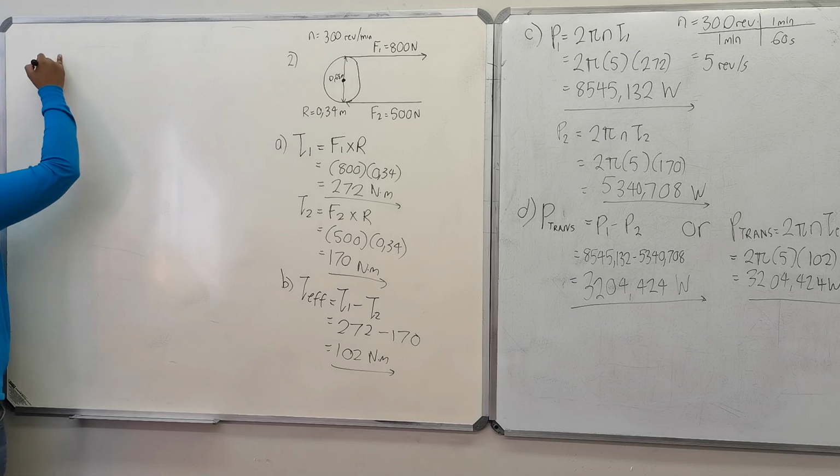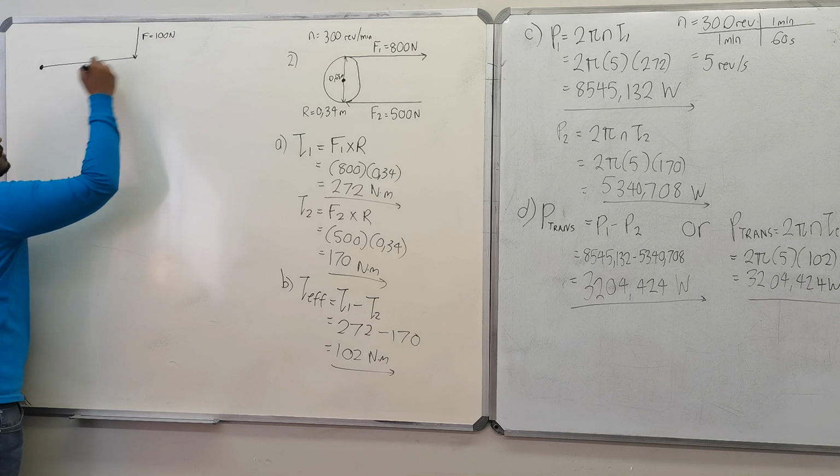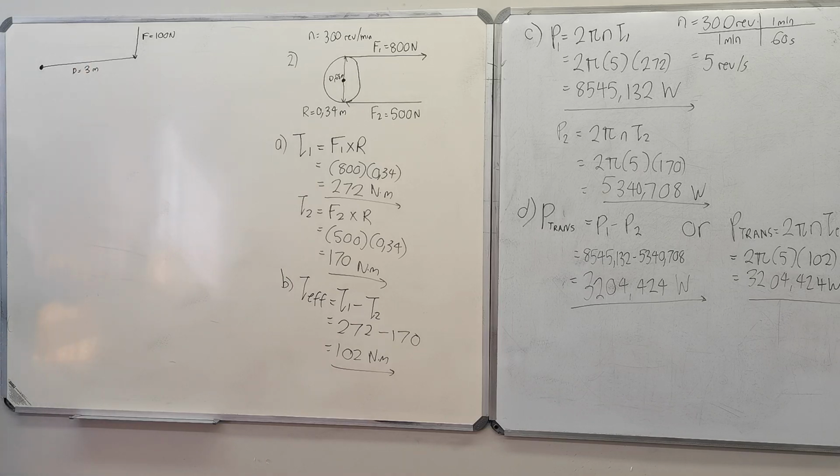Okay. So you have, this is a nut, right? You have a spanner and you apply a force of 100 newtons. This distance is equal to 3 meters. This is the information I gave to you. Then I tell you, calculate the torque exerted on the nut.